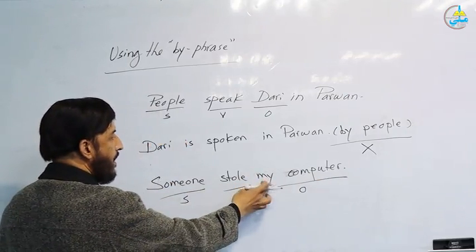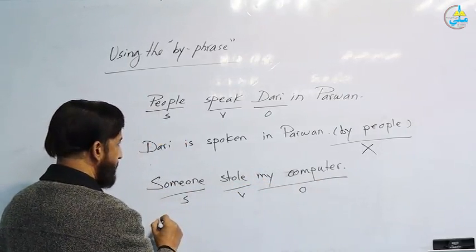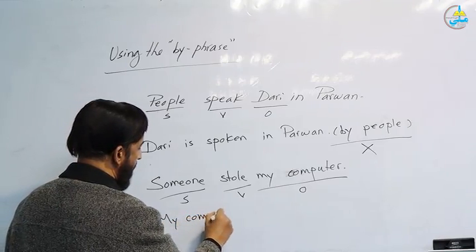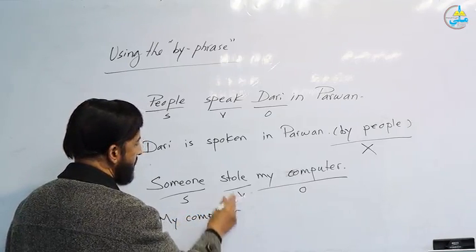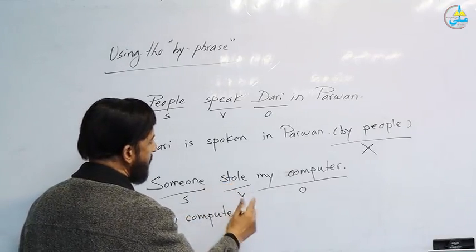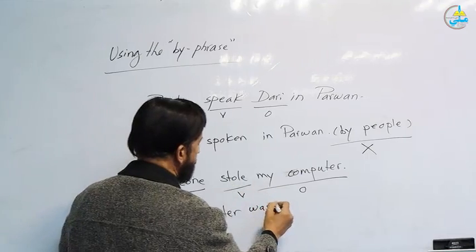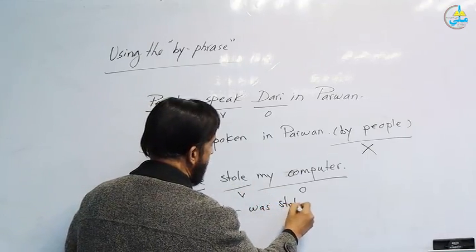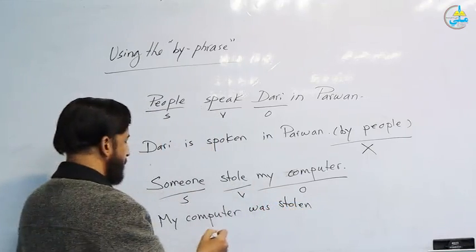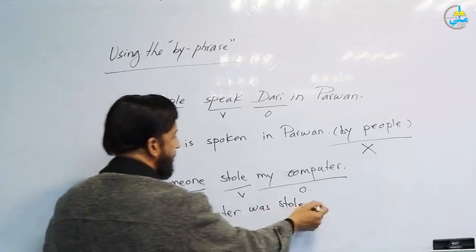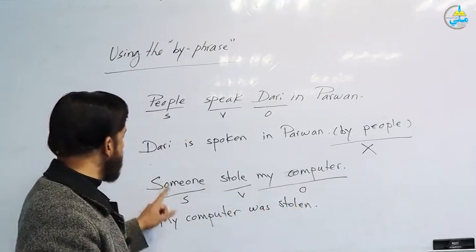So here, this becomes the subject. My computer, since the verb is second form, we use was. And then third form of steal, stolen. My computer was stolen. There is no need for by someone.